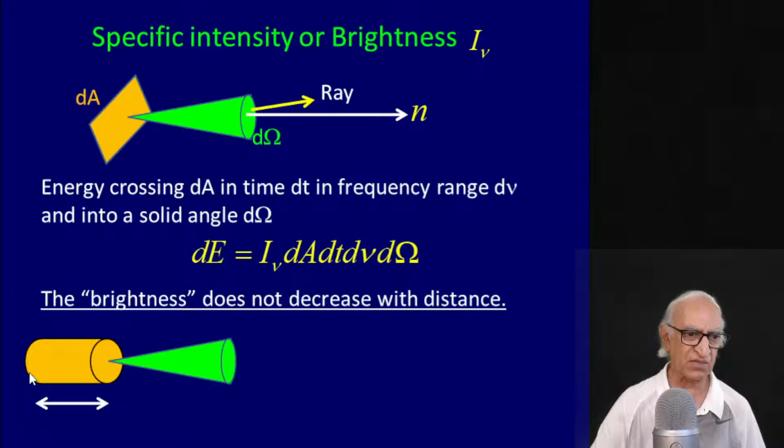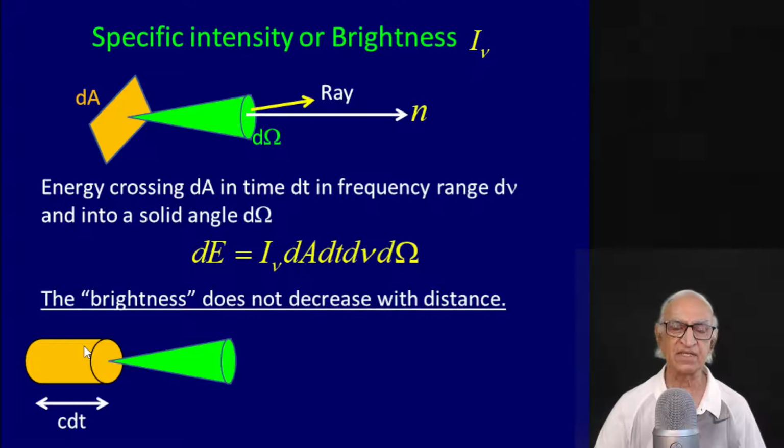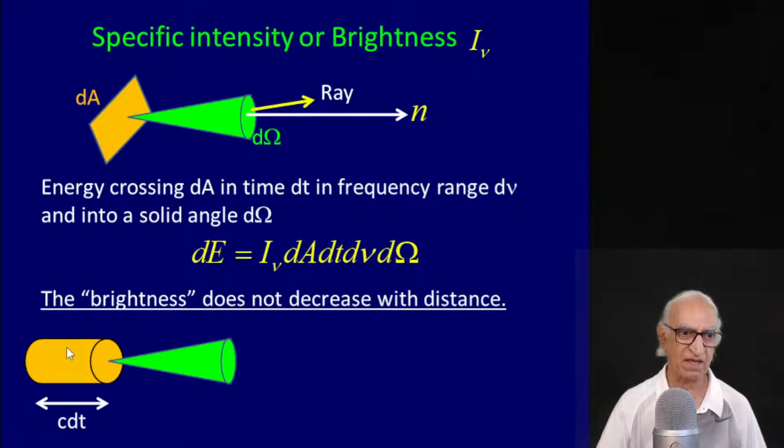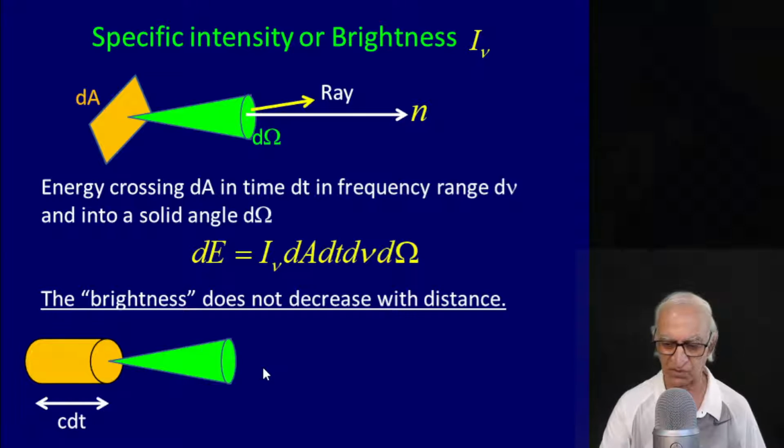Now, it is clear to you that in a time dt, photons inside this cylinder, whose length is c dt, where dt is the time interval that we are considering, and c is the speed of light, I'm sure it is obvious to you that all the photons inside this elemental cylinder will, in a time interval dt, pass through this surface and go into this cone.